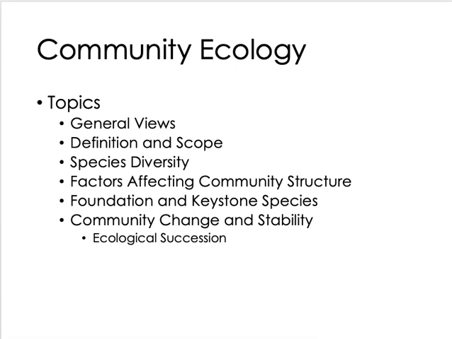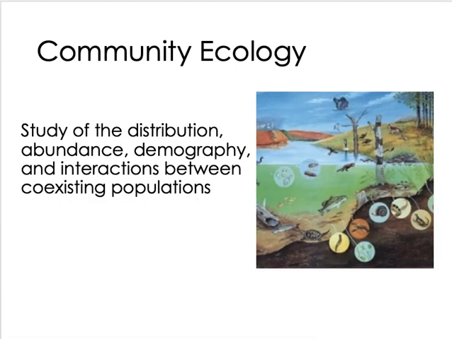process of ecological succession. Community ecology, as generally defined, is a study of the distribution, abundance, demography, and interaction between coexisting populations. Aside from this definition, the ecological community is also the set of plant and animal species that occupy an area.